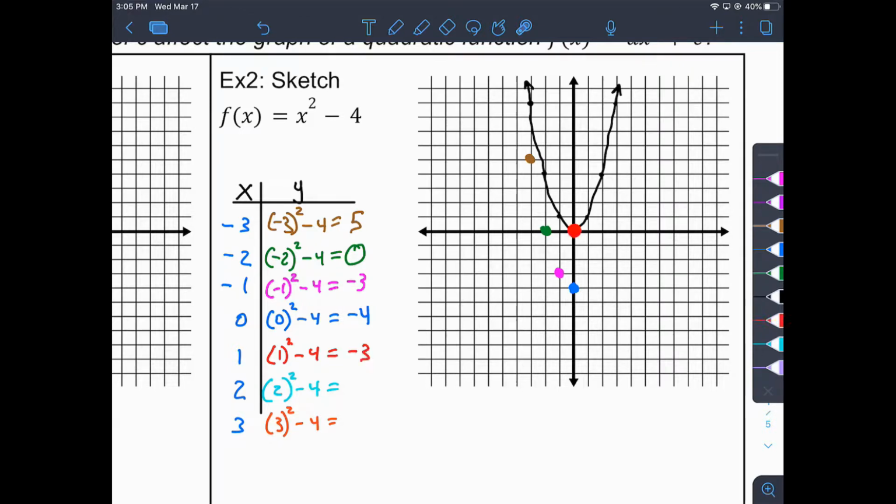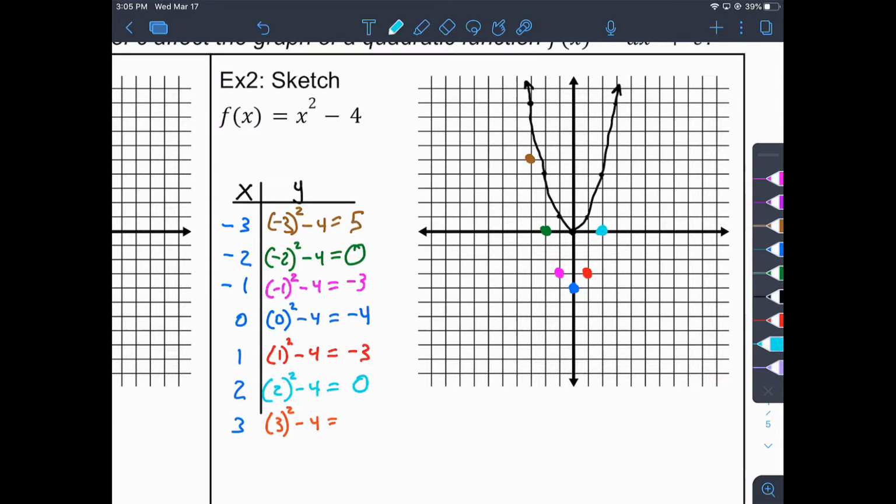So I'm going to go forward 1, but down 1, 2, 3. And this next greenish color, I don't know what it is. 2 squared is 4 minus 4. That is also 0. So I'm going to go forward 1, 2, but I don't go up or down, so it's going to plot right there.